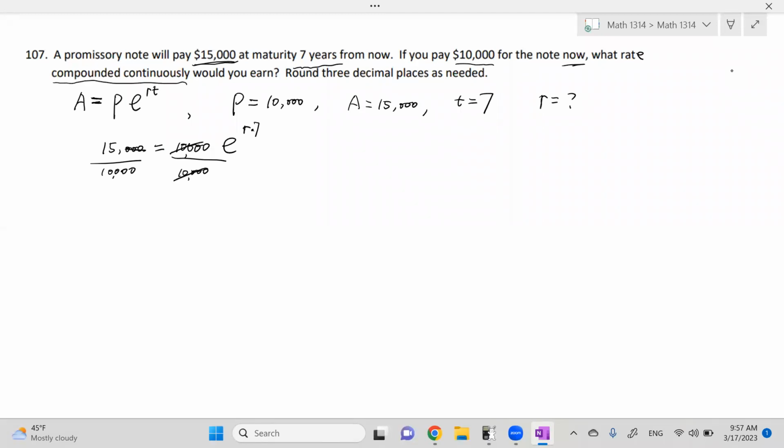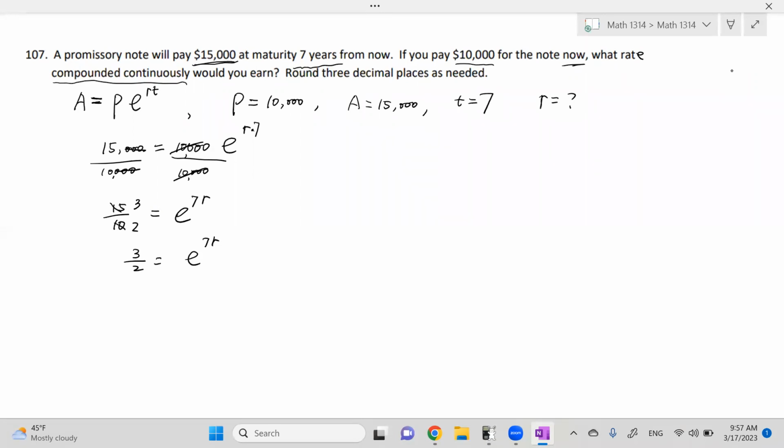Okay, so zeros cancel. 15/10. r times t, that's r times 7, is 7r. 15/10, both can be divided by 5. The top we have 3, the bottom we have 2. So 3/2 equals e to the 7r.